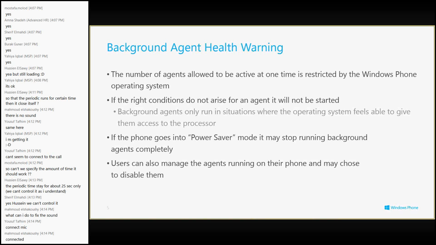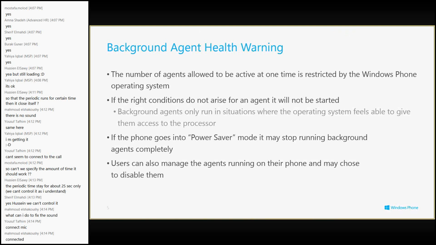Again, background agent health warning. The number of agents allowed to be active at one time is restricted by the Windows Phone operating system, and if the right conditions do not arise for an agent, it will not be started. That's why you should never put critical logic or data in the background agent that absolutely must be run.